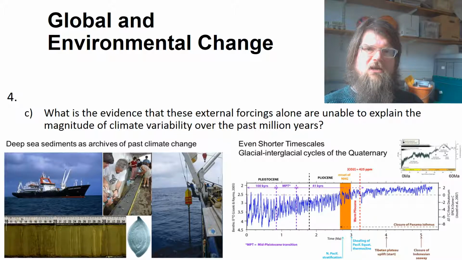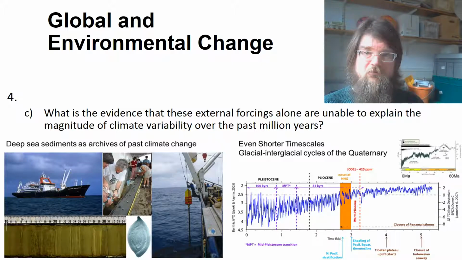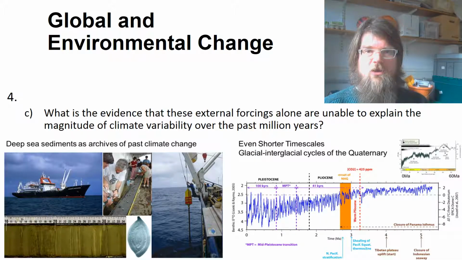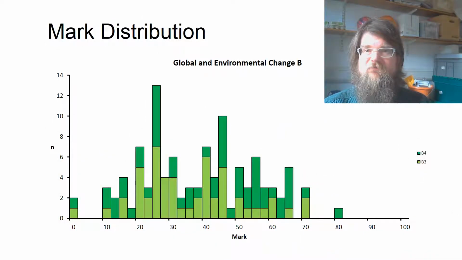This last part was really trying to stretch you a little bit and asking you to think about the scientific process of going from a theory or hypothesis, that orbital changes cause climate change, to testing that with data. Anyway, so that was question B4.